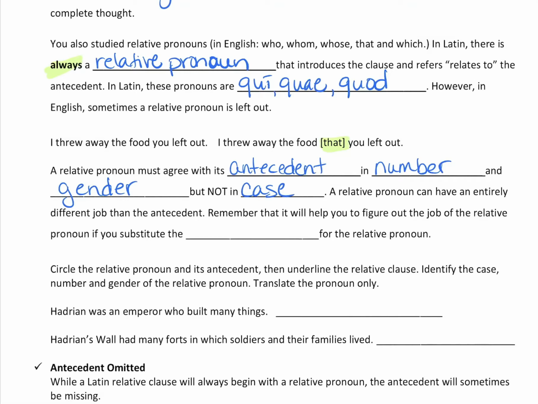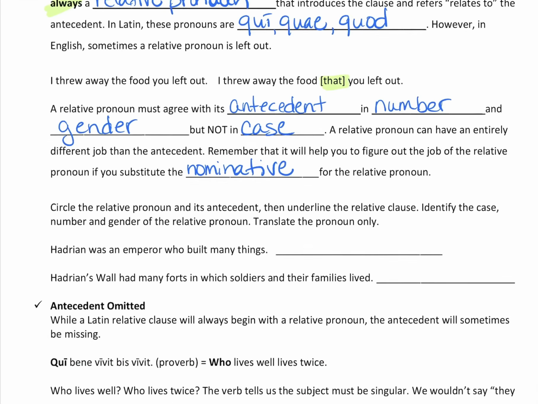If you remember, adjectives normally have to agree with the noun they modify in gender, case, and number, but not with a relative pronoun. So a relative pronoun can have an entirely different job than the antecedent. And remember that it'll help you to figure out the job of the relative pronoun if you substitute the antecedent for the relative pronoun.